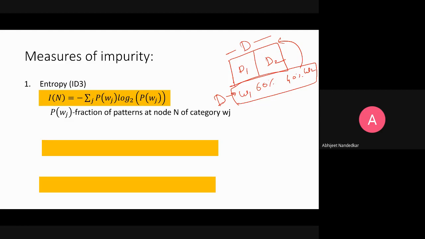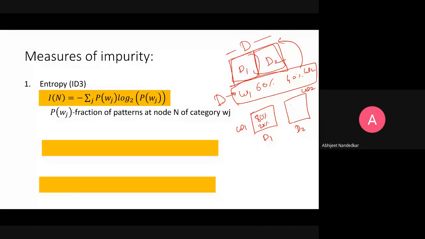Now when I split this data into two halves, say D1 and D2, I get two sections. Now within D1, you may have say 80% omega 1 and maybe 20% omega 2, and in the second group you may have 90% omega 2 and maybe 10% omega 1.